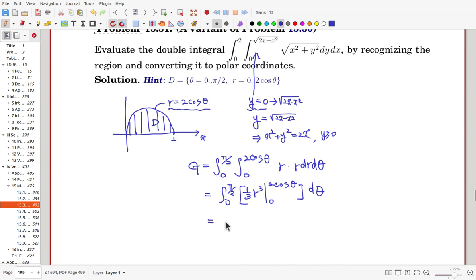With r equal to 2 cosine theta, it makes 8, so 8 over 3 cosine cubed theta d theta. Oops, that one is not 2 pi; this must be pi over 2.